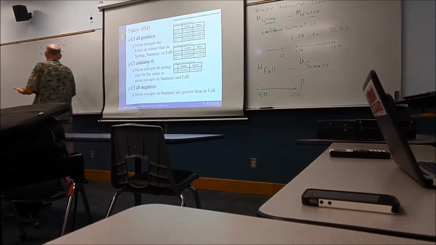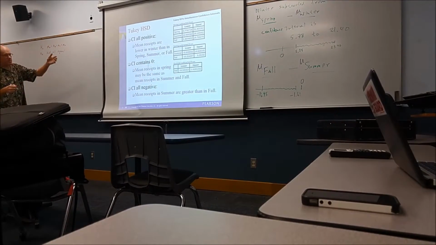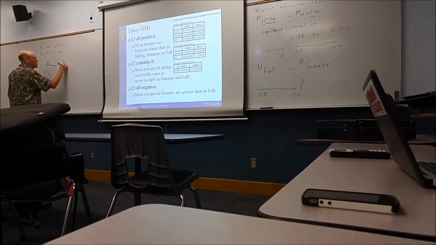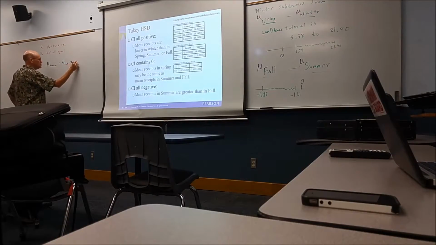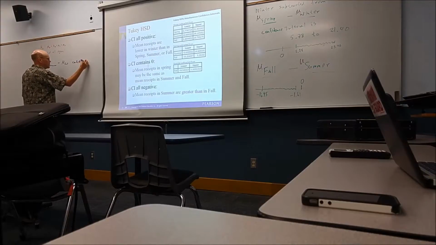So we got fall minus summer. If instead you wanted summer minus fall, and instead you wanted the confidence interval for that one, what do you think it would be?